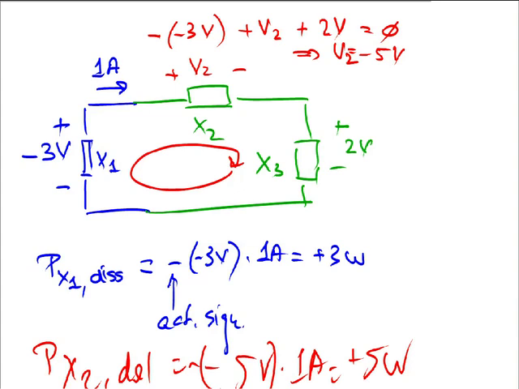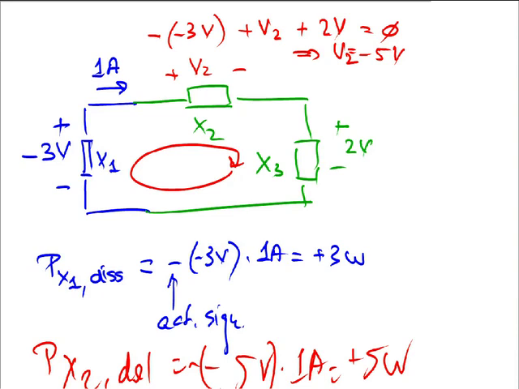X2 and V2. Component X2. So we want to know how much power component X2 delivers. So first we have to determine whether it's active or passive sign convention. Here we have passive sign convention. Okay, so it's voltage times current, right? Yes. So voltage is negative 5, current is 1, so shouldn't it be negative 5 watts?